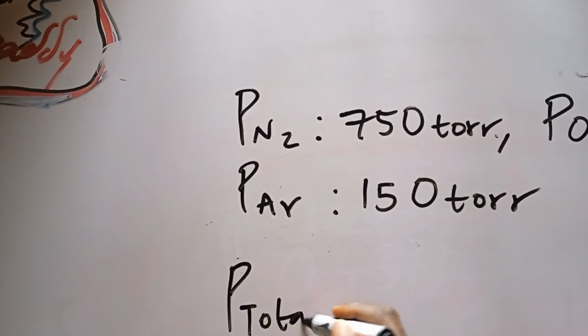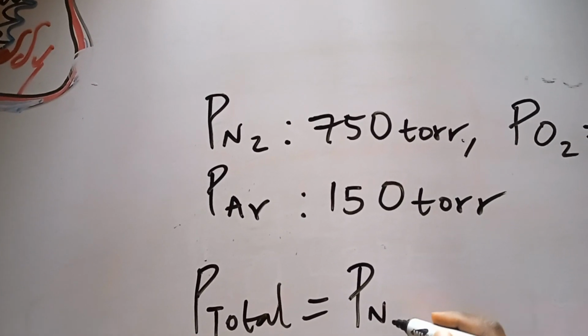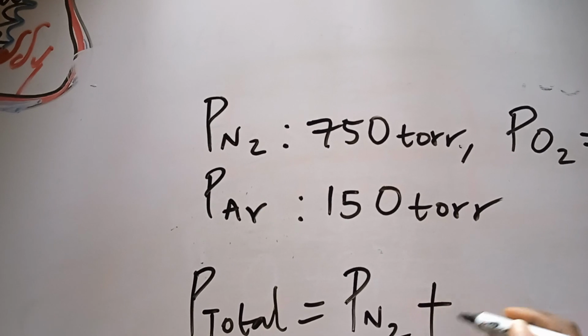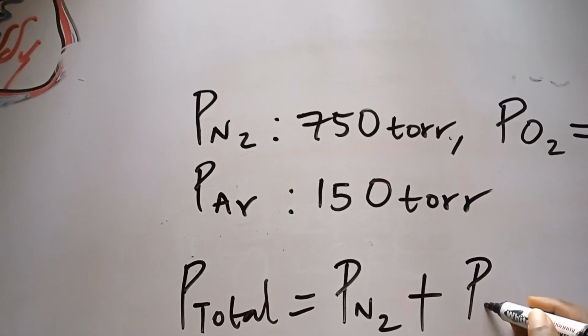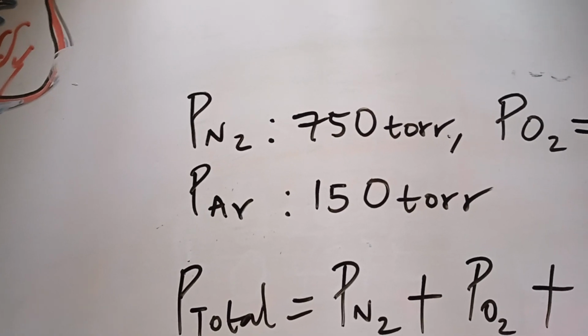So the total pressure is going to be the sum of the partial pressure of nitrogen, the partial pressure of oxygen, and the partial pressure of argon.